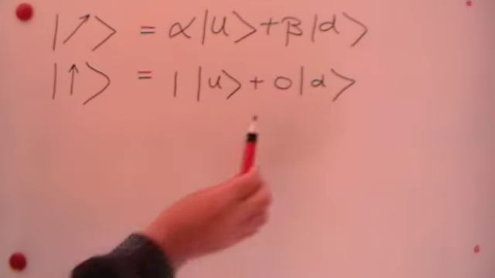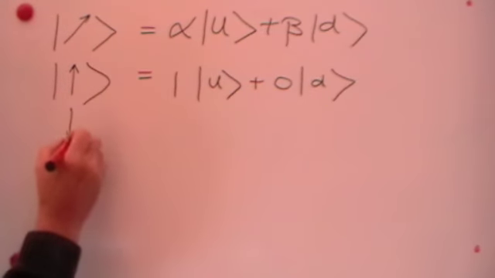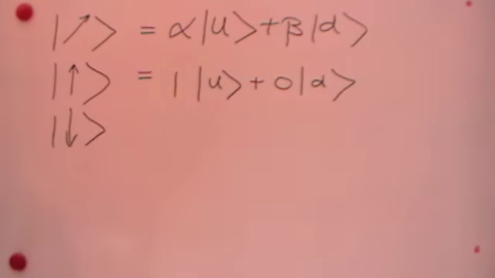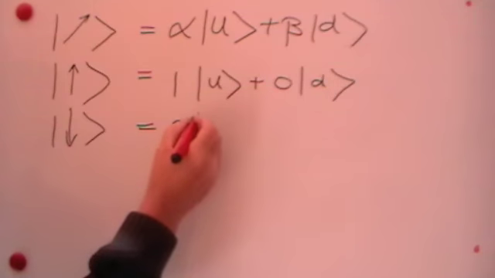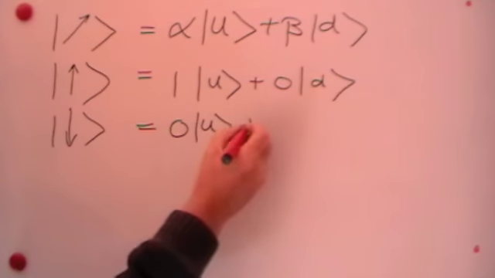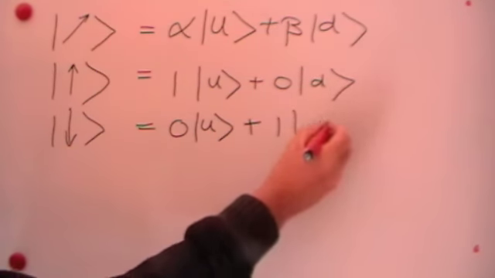The probability of getting a down is 0%. 0 times 0 is 0. Similarly, if we prepare the electron completely spin down in the z-axis and we measure it, as always, against the z-axis, we know that we're going to get no chance of getting an up and 100% chance of getting a down.